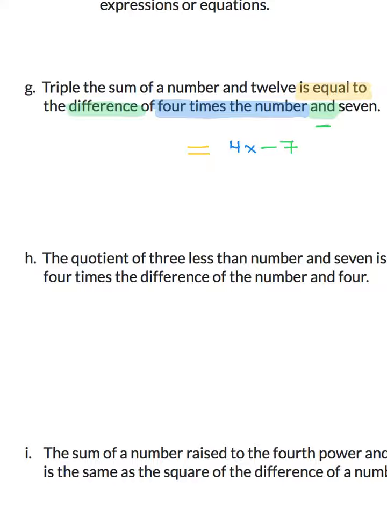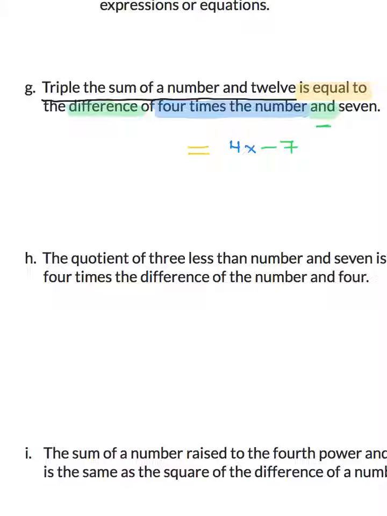So now we just have to worry about the following statement. Triple the sum of a number and 12. Now this one is something that I do want to point out because this is an example of where we need to include parentheses.